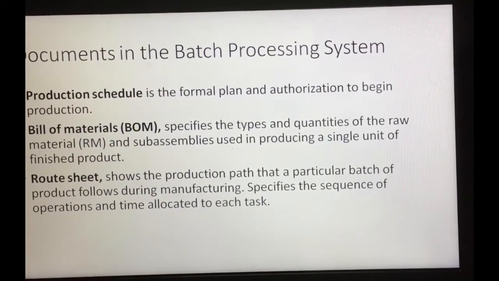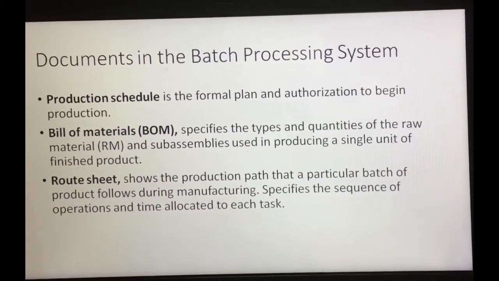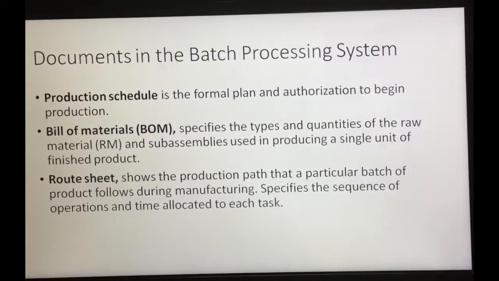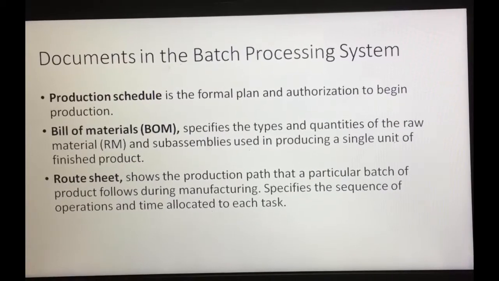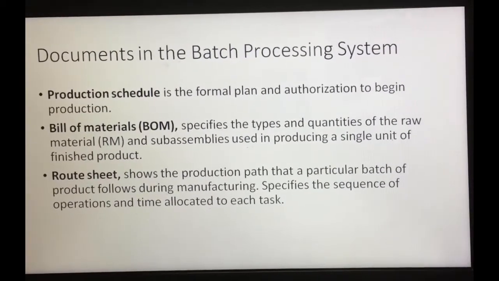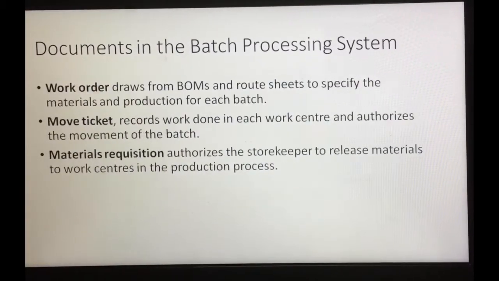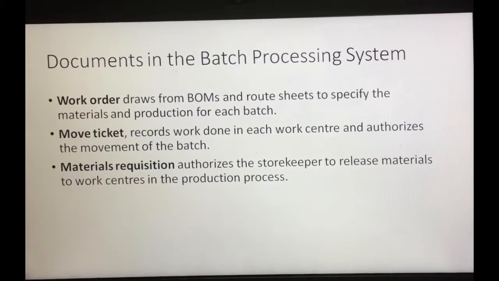The third document is route sheet. Route sheet shows the production path that a particular batch of product follows during manufacturing, specifies the sequence of operations and time allocated to each task. The fourth document is a work order.